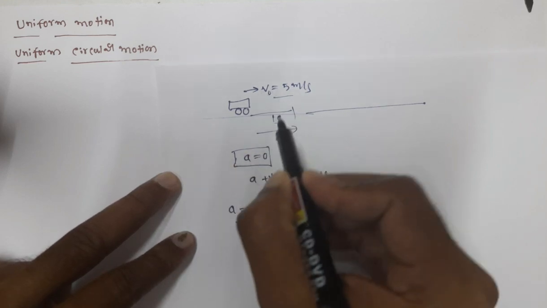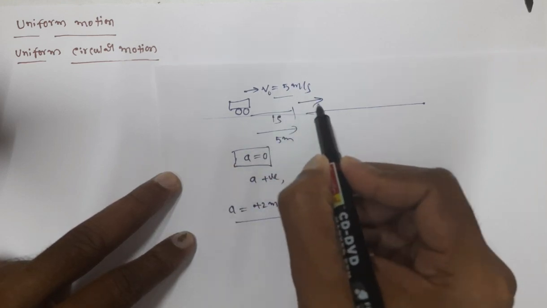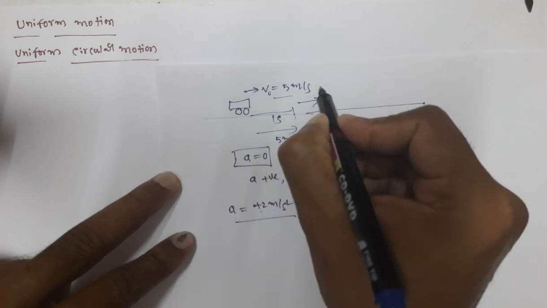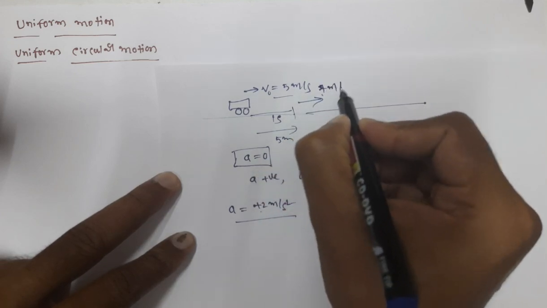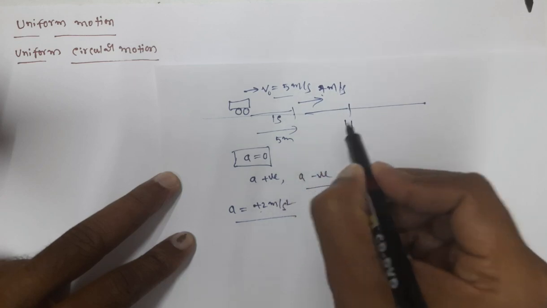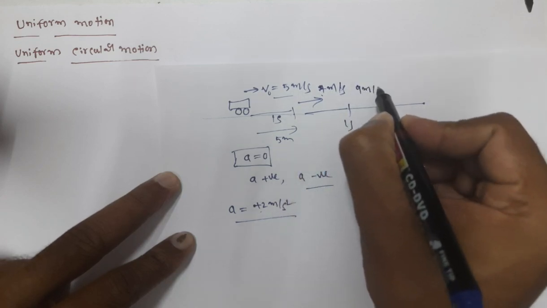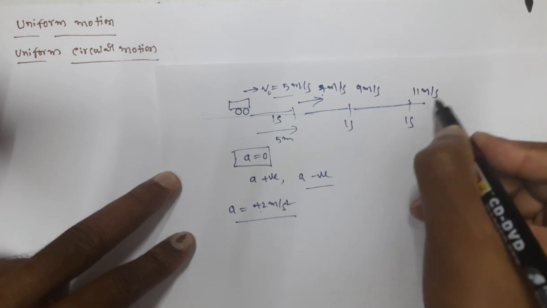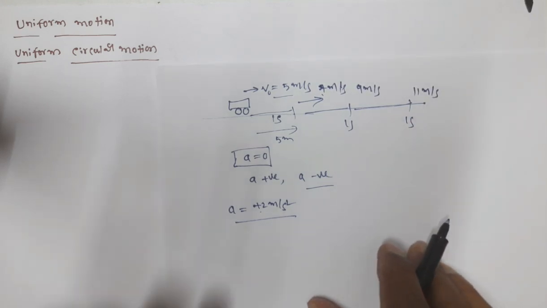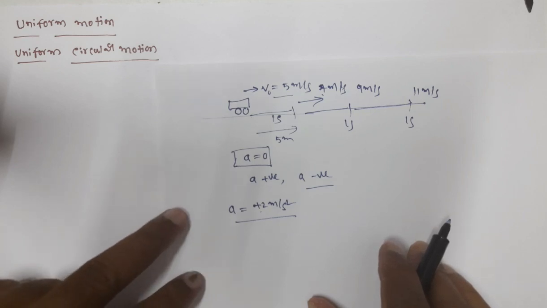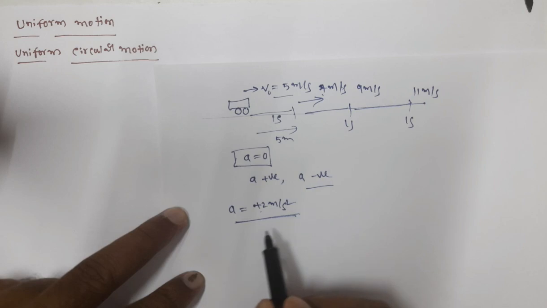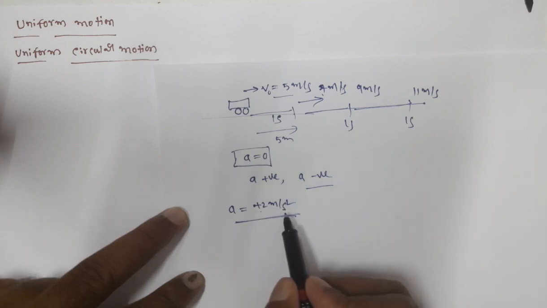After 1 second, the velocity will be 5 plus 2, which is 7 meters per second. After 1 more second, the velocity will be 9 meters per second. After 1 more second, 11 meters per second, and so on. So velocity increases by 2 meters per second every 1 second. We say that the acceleration is plus 2 meters per second squared.